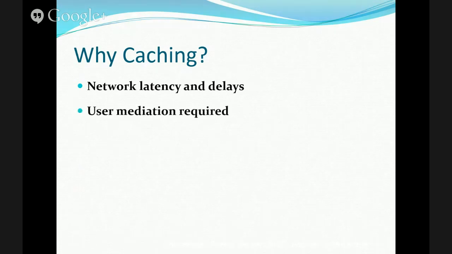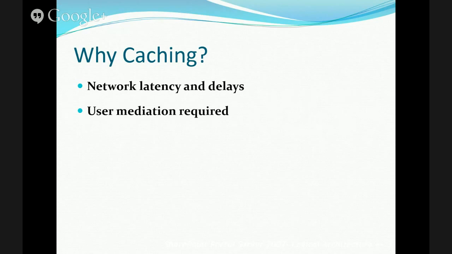Second, at certain places user mediations would be required, so we want to reduce user mediations. Typically, when you log into an application, the application uses your username and password and provides a token to you, and that process is long. Now just imagine a user is creating a session with the application, and for every request he has to look at the token or create a token all over from scratch.